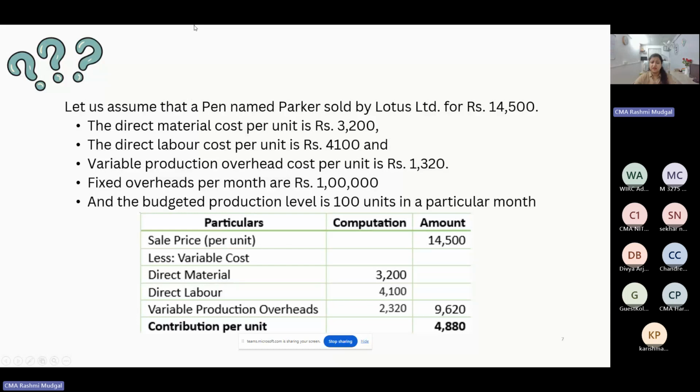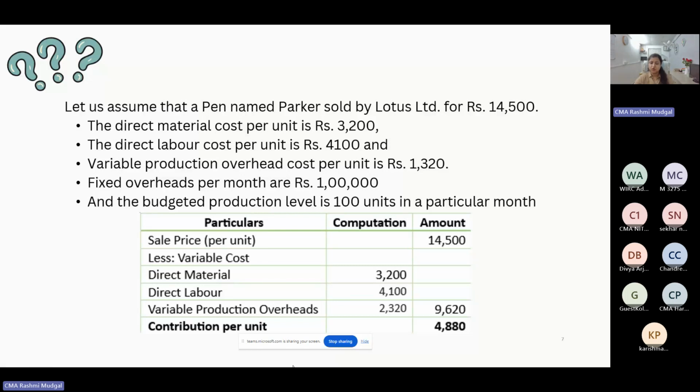So we can see the sales price is 14,500, variable costs are direct material 3,200, direct labor 4,100 and variable overheads 2,320. Total variable cost is 9,620. Contribution per unit is 4,880.